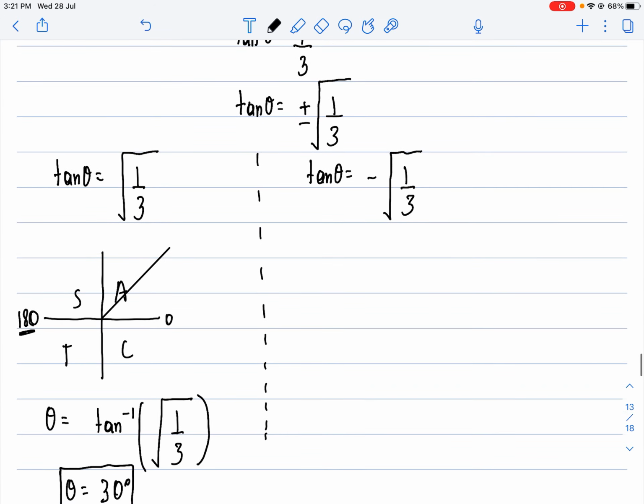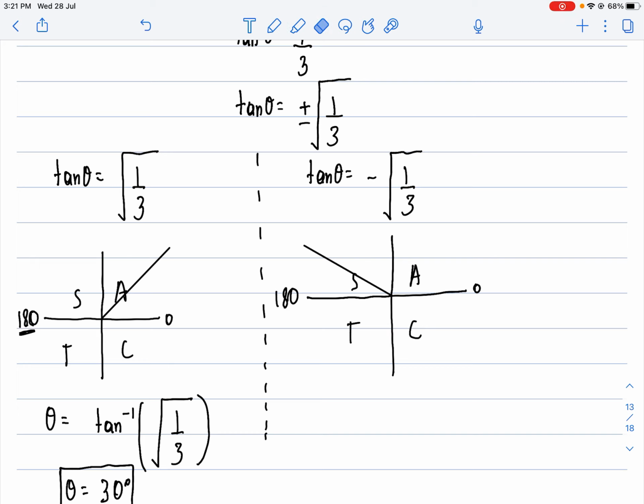Now the second possibility, here I need tan theta to be negative. So I have my ASTC curve here, with 0 here and 180 degrees here. Tan theta is negative in the second quadrant and the fourth quadrant. But the fourth quadrant is exceeding 180 degrees.